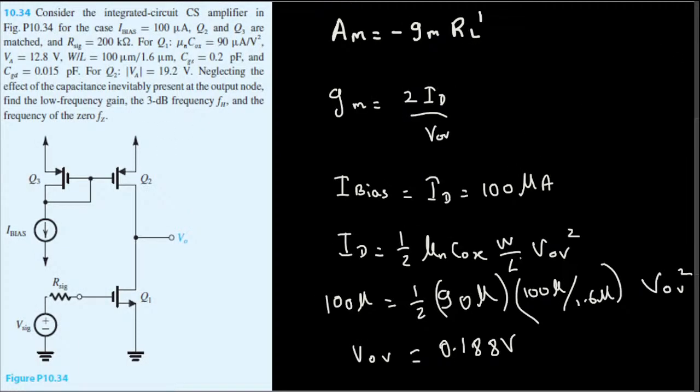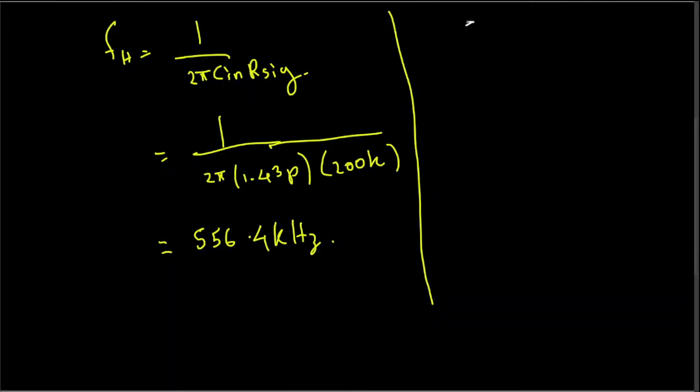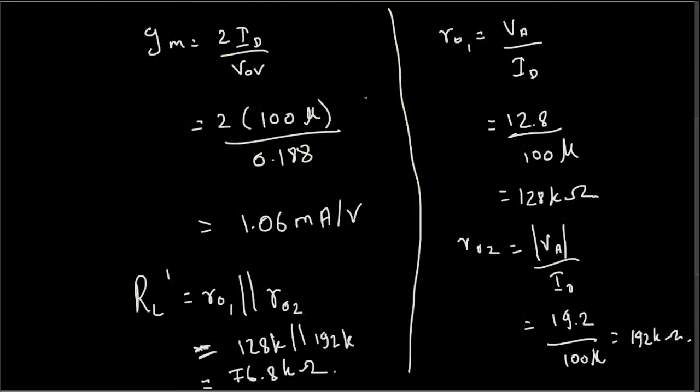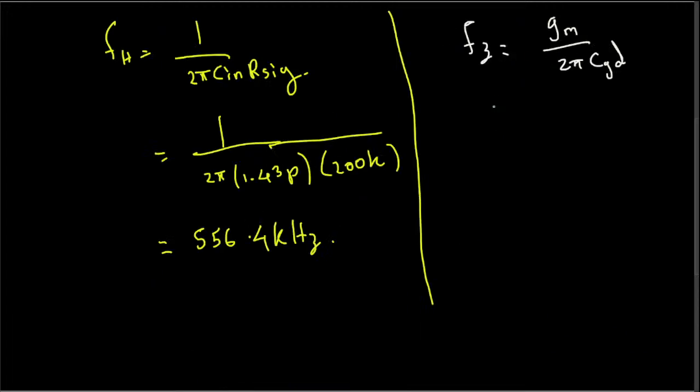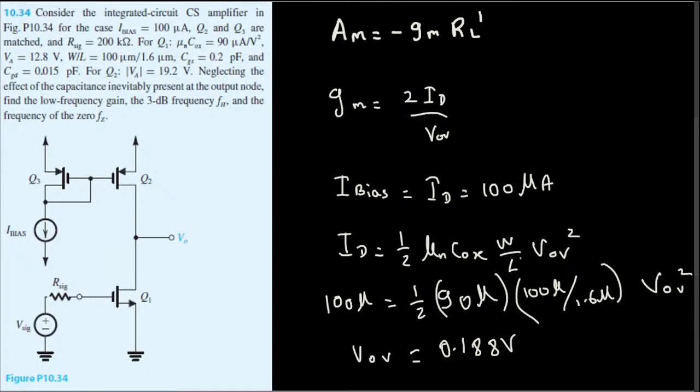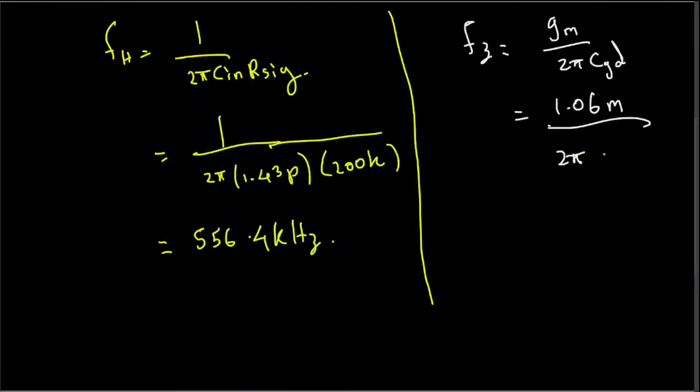The next one is asking to find the zero frequency, that's Fz. For that one we have a different equation, that is Fz is equal to Gm over 2 pi times Cgd. For this one all the values are readily available because we already found the transconductance right here, 1.06 milli, and then times 2 pi, and then the Cgd value is provided to us in the question, that is 0.015 pico.